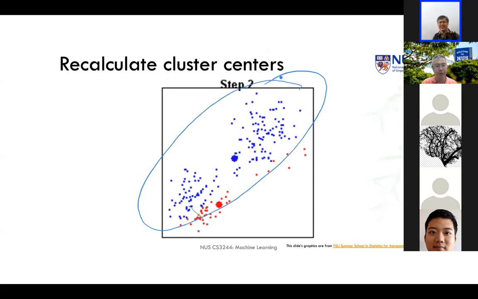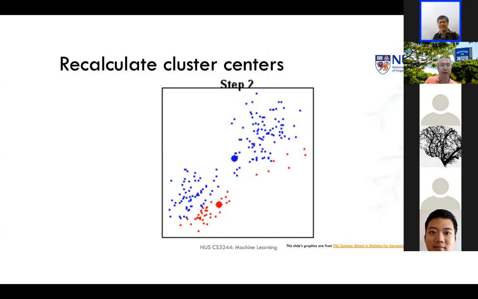If I think of them as all equally important because they're all cluster members at this point, can I average all of those out and determine a new center? You can see the center has shifted from somewhere here to over here, and the red one hasn't shifted as much because there were more points over here than out here, so it's shifted slightly to the right.